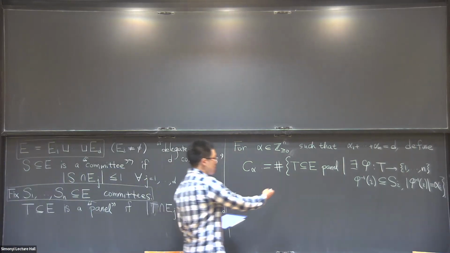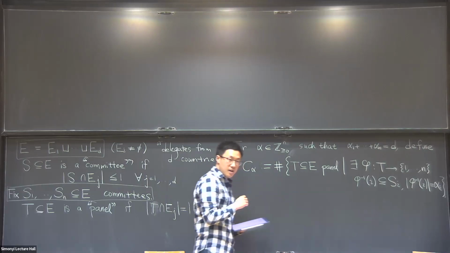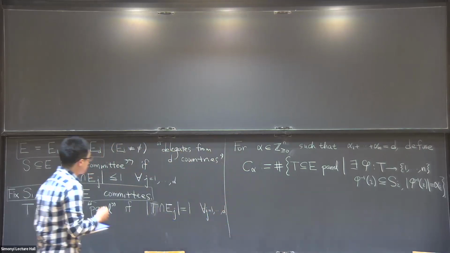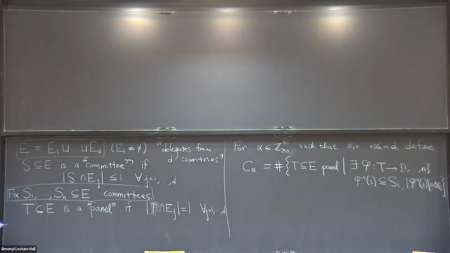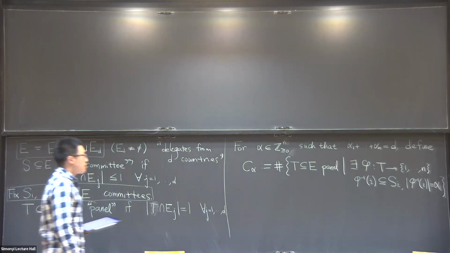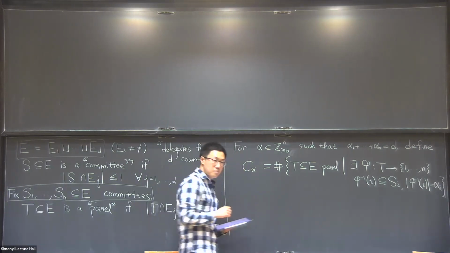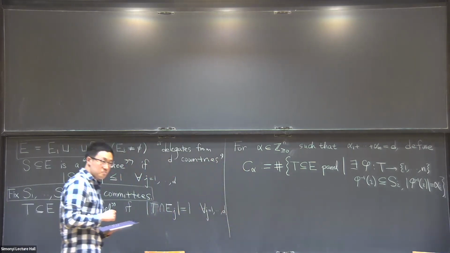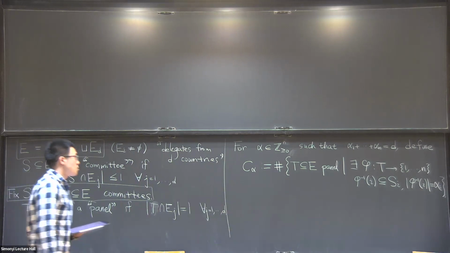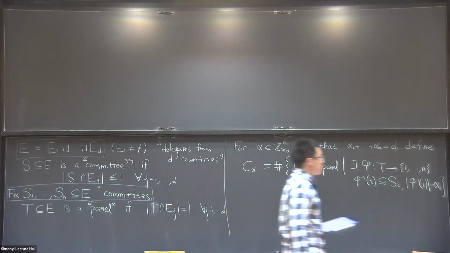And I'm going to try to make a panel in that way. So I get to choose alpha one many from S1, alpha two many from S2, and I try to create panels. And this count is the count of how many panels I can make. So that's the definition.